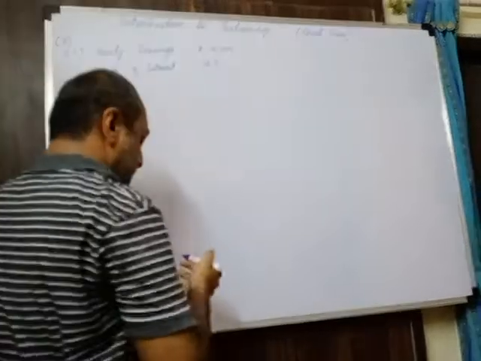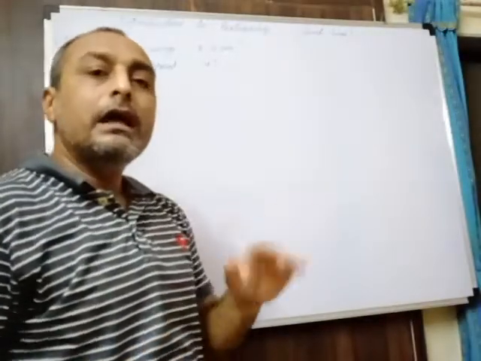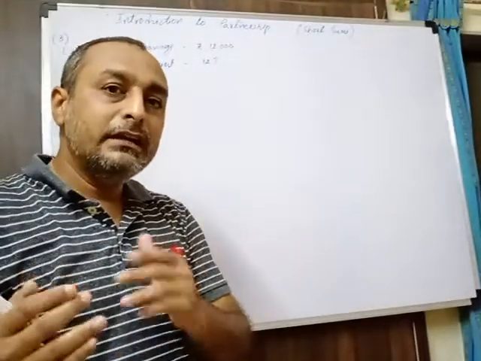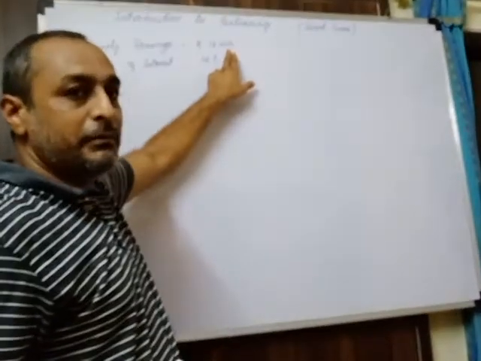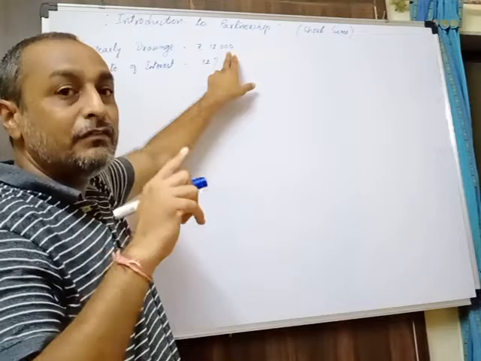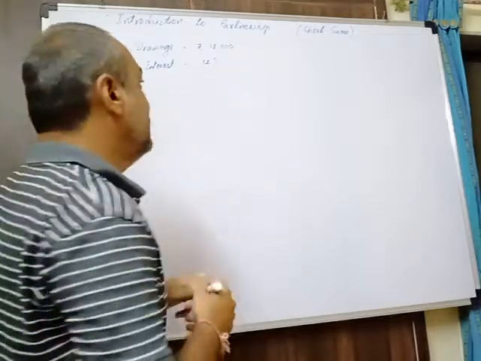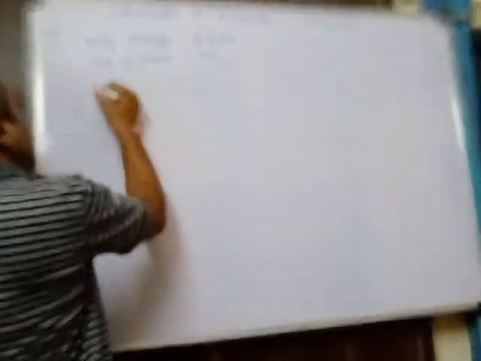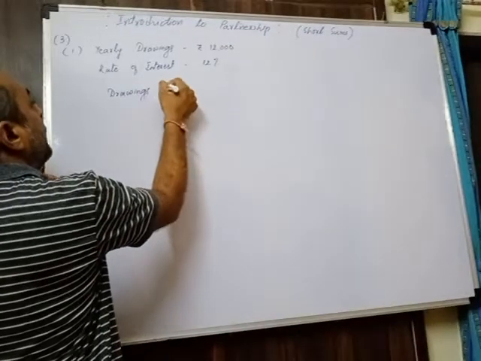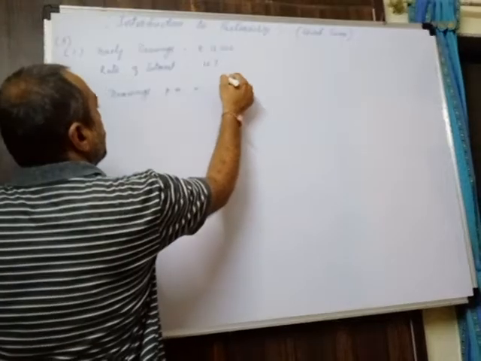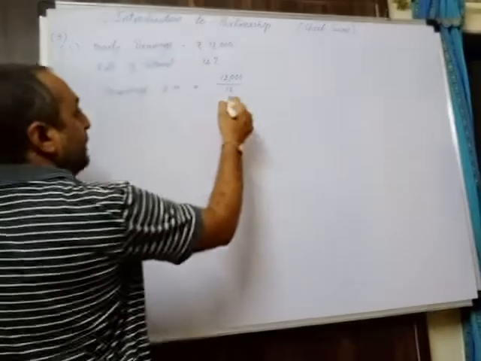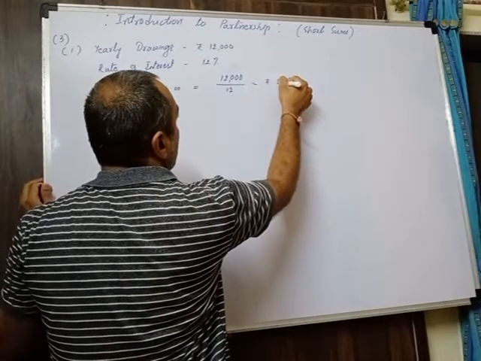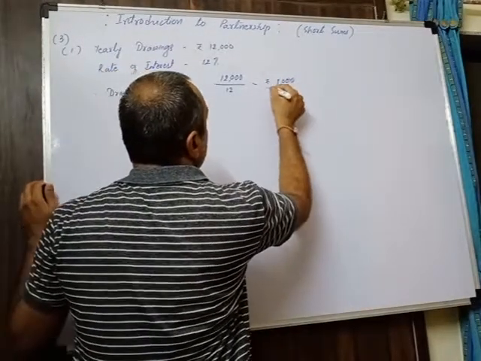Now when it is given that identical amount at the end of each month, then every month identical amount if it is withdrawn, then what is the per month amount? This is your yearly amount, 12,000 for 1 year, that is for 12 months total. For 1 month it will be 1,000. We can write this calculation. Drawings per month is equals to total drawings divided by number of months in a year, that is 12,000 upon 12, which will give you 1,000, right? This is the first thing.